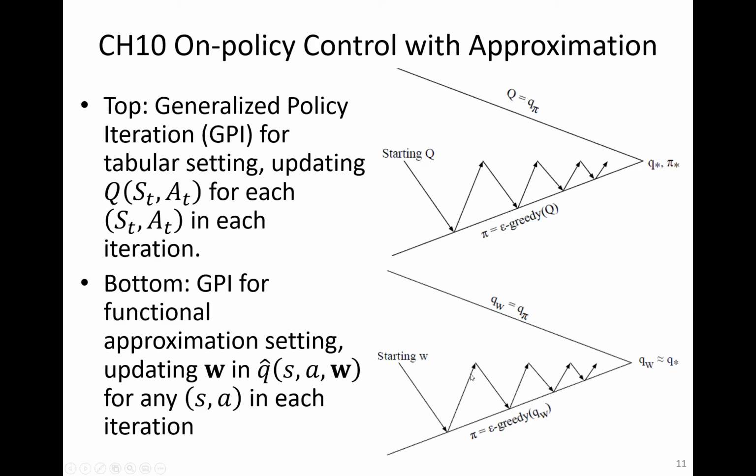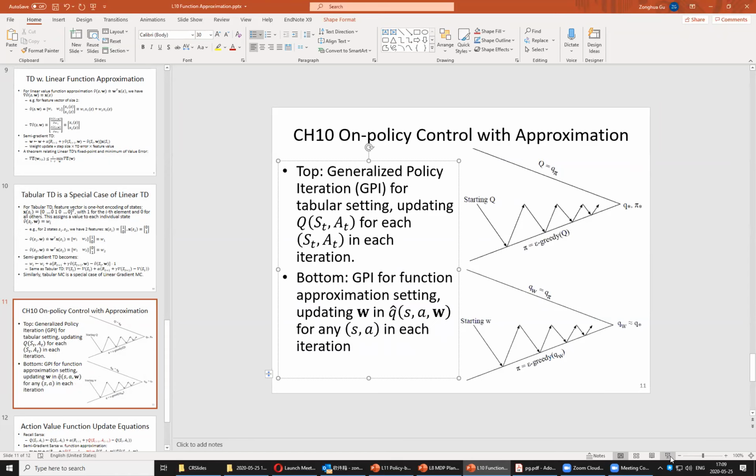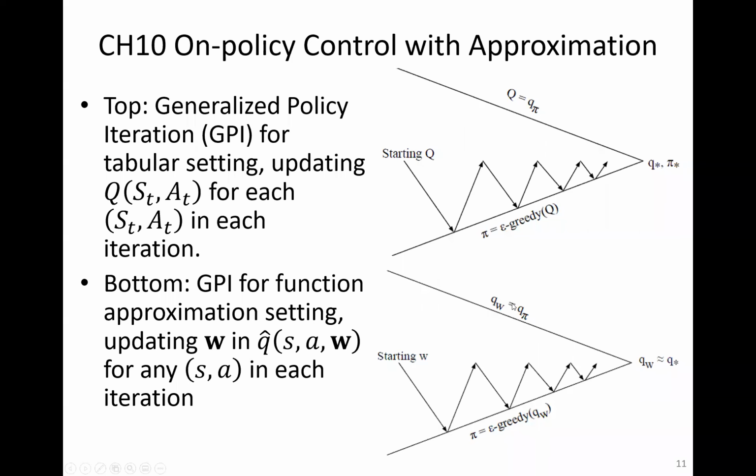But for the function approximation setting, it's essentially the same, except you use Q_w, which is really the Q hat here, as a function approximation instead of a table, and you update the w parameters, which affect the Q hat in each iteration. Other things are all the same.